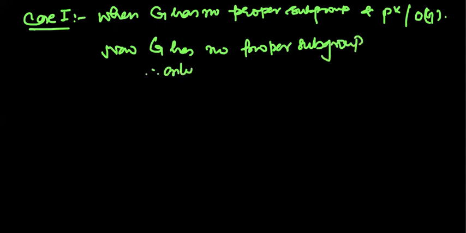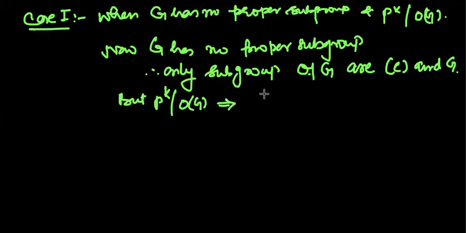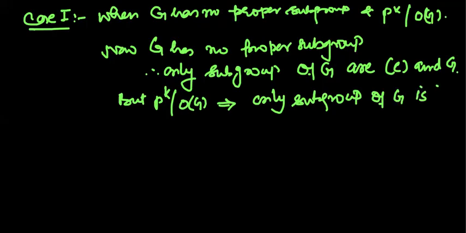Therefore, the only subgroups of G are E and G. But p raised to power k divides the order of G. This implies that the only subgroup of G is G, so the order of G is equal to p raised to power k.